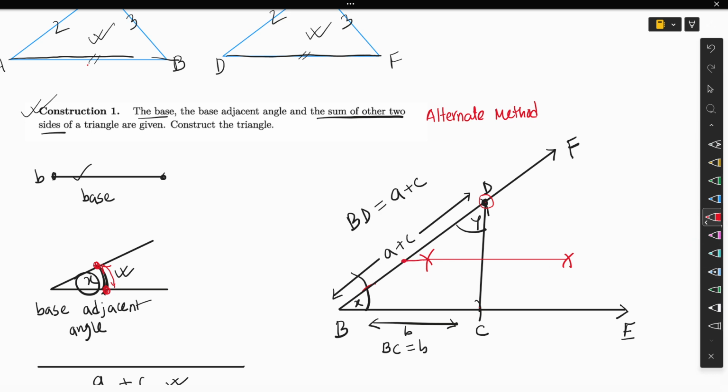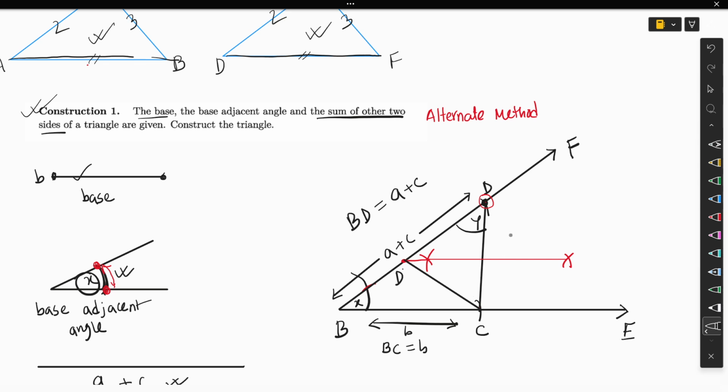Now we have to join this point with C. Let's say this point is named D. Join with D. Okay, so what is happening here?